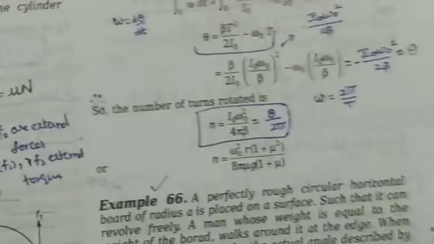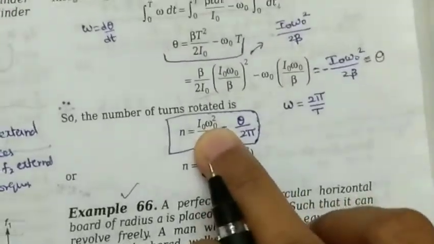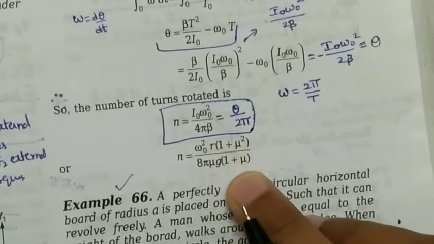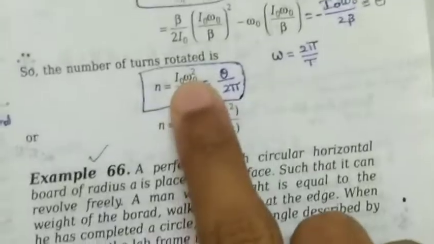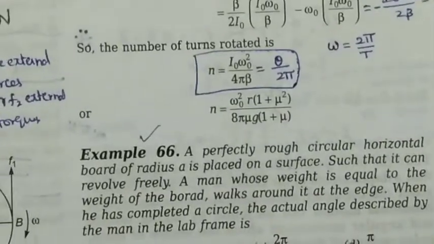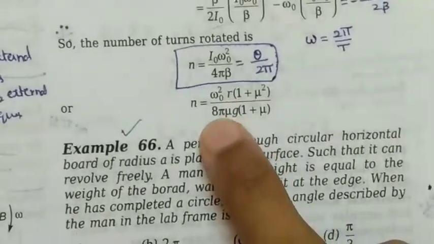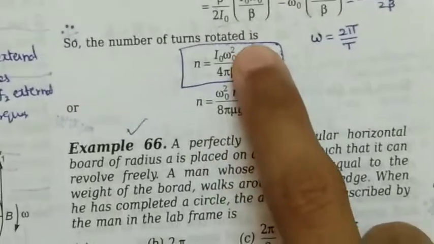So in the place of I naught we need to replace it by m r square by 2. So already here 4 pi is there, 4 into 2 is 8 pi, and omega naught square as usual.